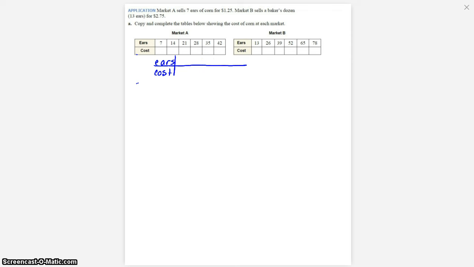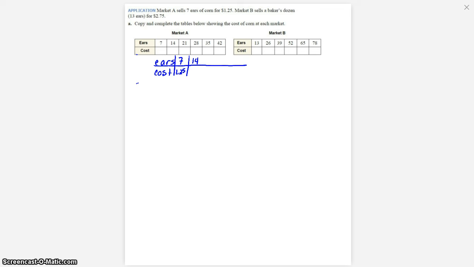So 7 ears we know is $1.25. So 14 ears is going to be another $1.25, right? That's $1.25 for the first 7 ears and another $1.25 for the second 7 ears, because 7 times 2 is 14, so we've got to double the bottom also.